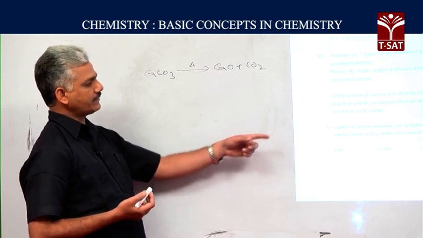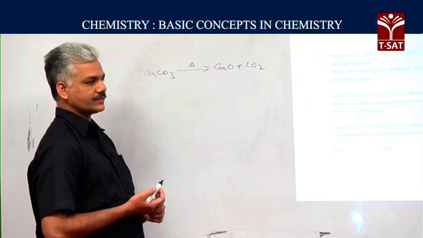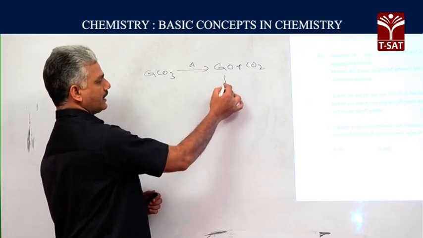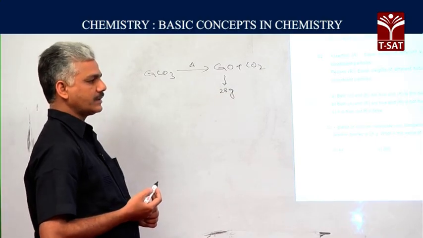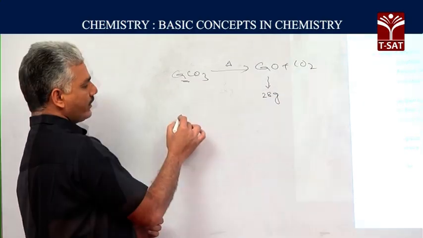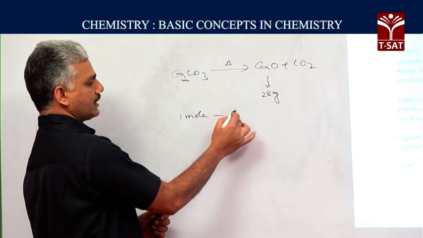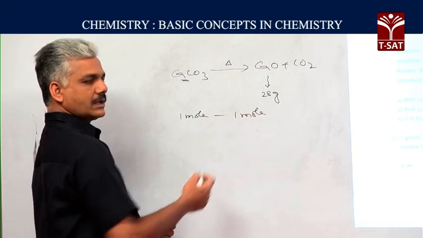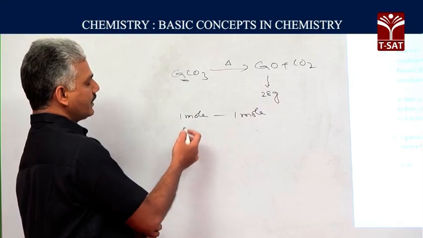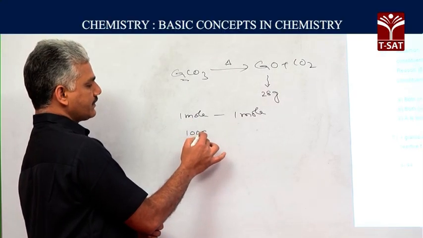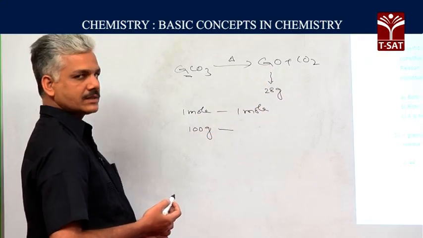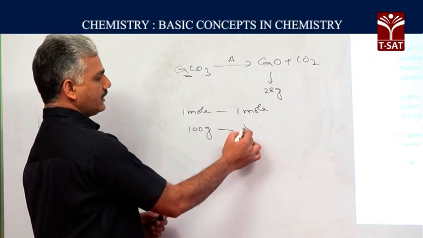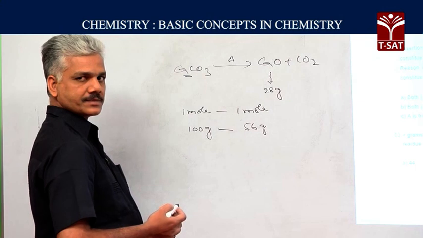So, the weight of residue is 28 grams, which means you should take it as equal to the weight of calcium oxide formed in the reaction. 1 mole of calcium carbonate can produce 1 mole of calcium oxide. 1 mole of calcium carbonate, in terms of weight, is 100 grams. 1 mole of calcium oxide in terms of weight is 56 grams.